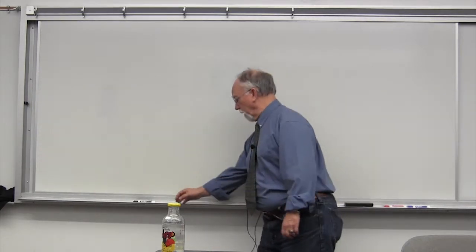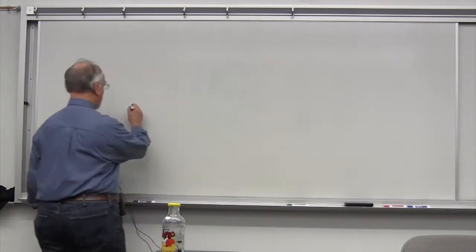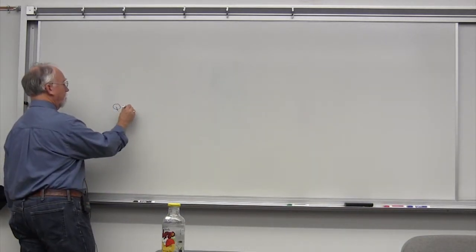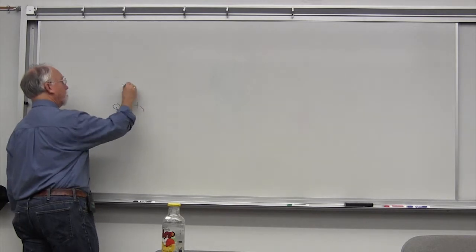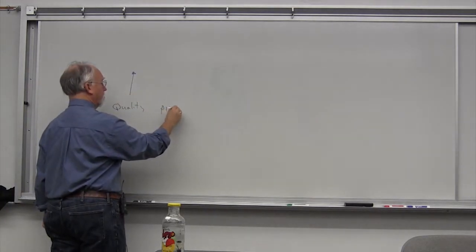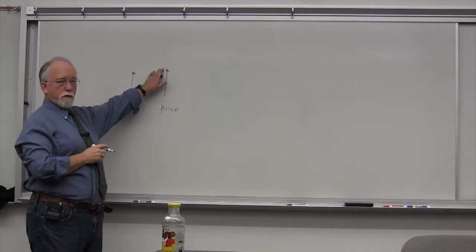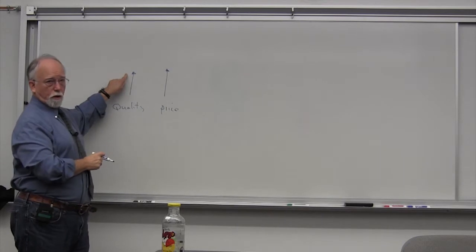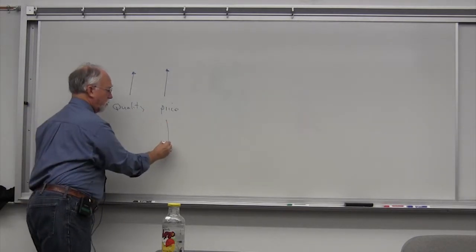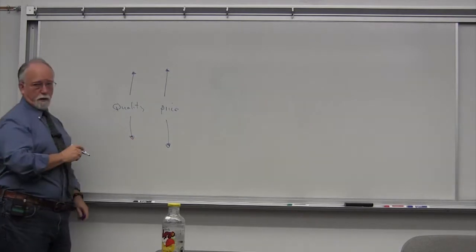So we have this understanding that as quality increases, then price increases. So if something costs more, that reflects the higher quality. If something doesn't cost so much, it's because the quality is not so good.